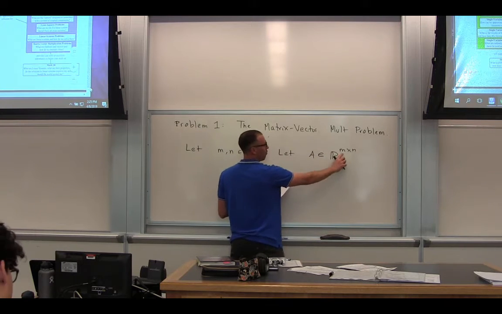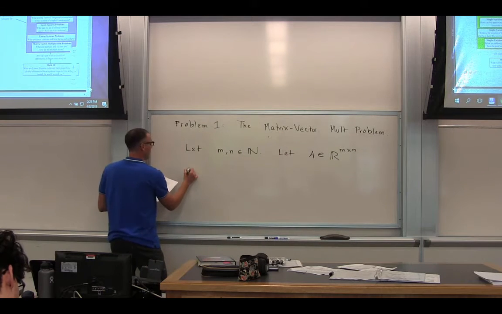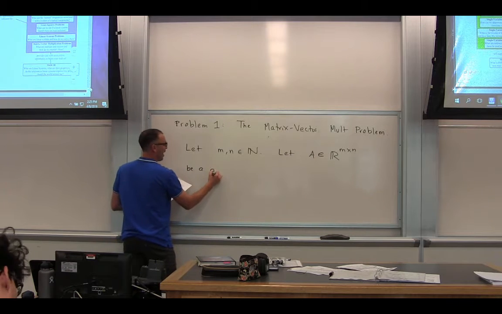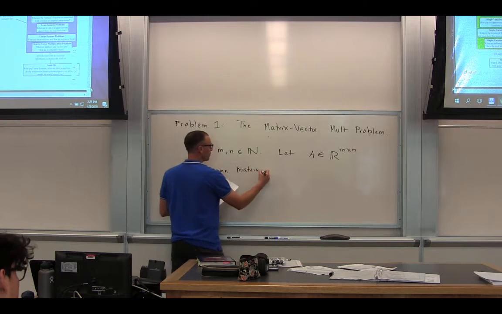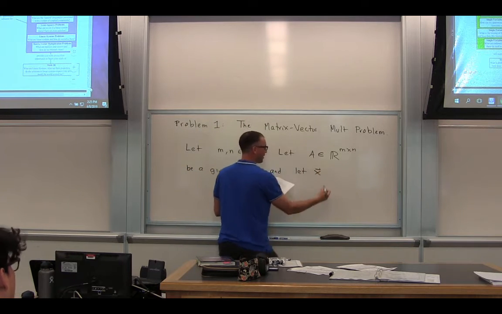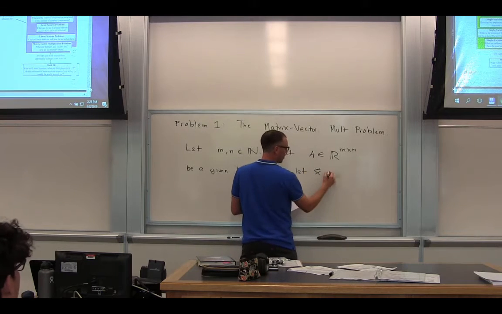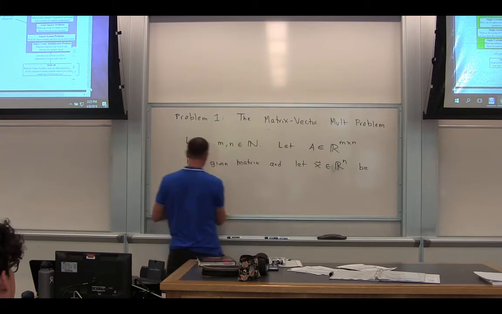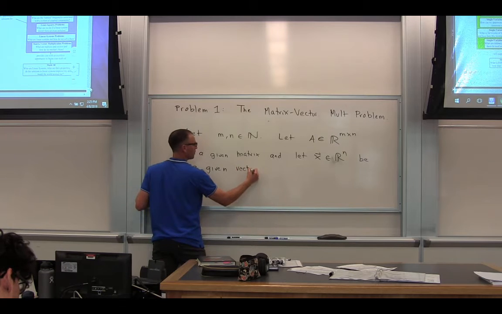That means it's an m row and n column matrix. And we're going to say let this be a given matrix. And then we're going to say let x, so this is going to be in Rn, be a given vector.